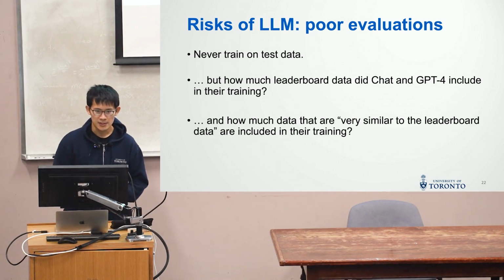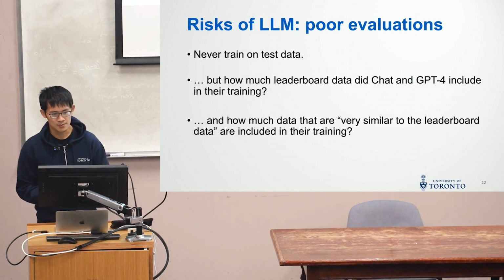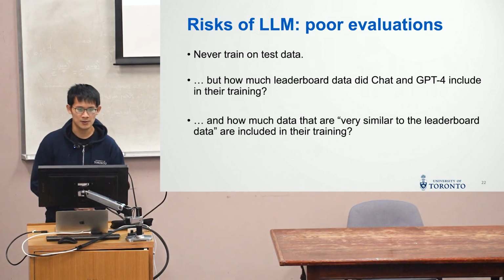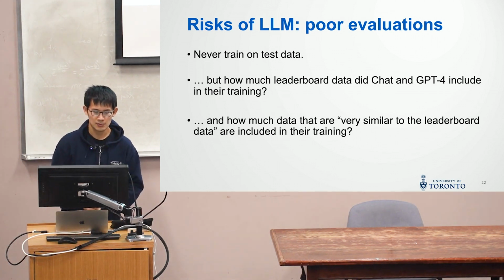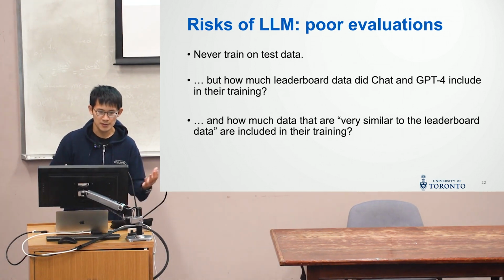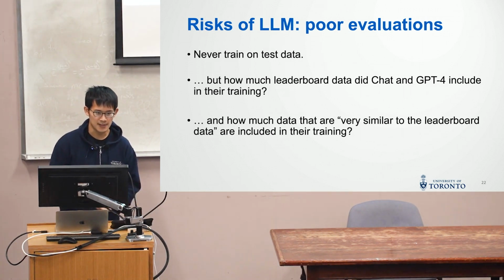Currently, OpenAI does not describe any detail about the training and the structure of GPT-4. We do not know how many layers it has. We do not know where the training data come from, and we don't know whether this training data includes the leaderboard data.